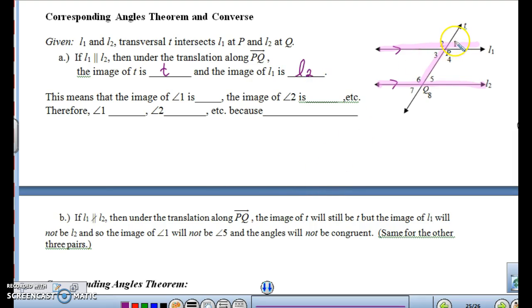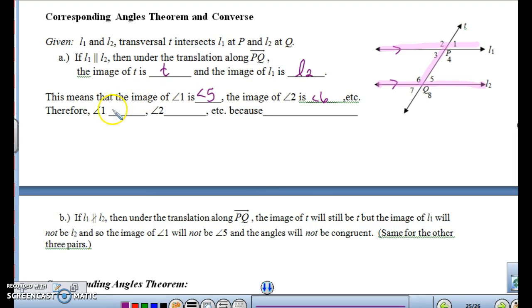By doing the translation along the vector, which is actually the transversal, you end up on the same line. So that means angle 1's image will be what angle? It will be angle 5. And the image of angle 2 will be angle 6, etc. Now, didn't we say that in the properties of a translation, angle measure stays the same?